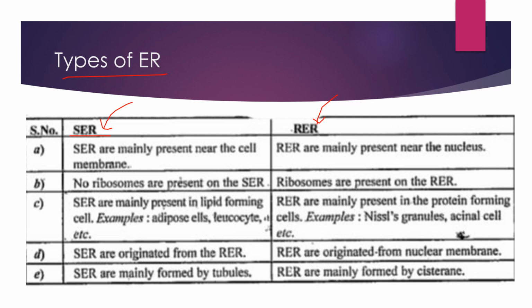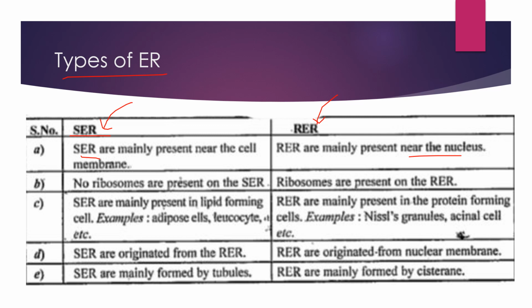So first point, smooth endoplasmic reticulum are mainly present near the cell membrane, and rough endoplasmic reticulum are present near the nucleus. Second, no ribosomes are present. That's why it is called smooth endoplasmic reticulum, whereas in case of rough endoplasmic reticulum, ribosomes are present. That's why it is called rough, because something is present because of which the surface is rough. That's why it is called rough endoplasmic reticulum.